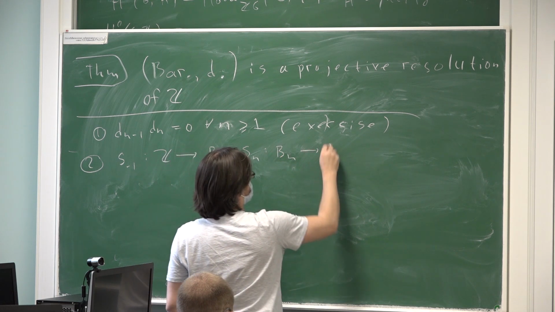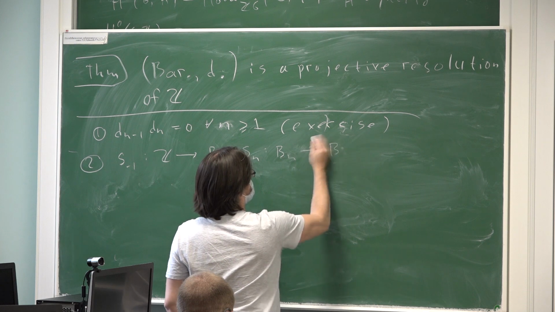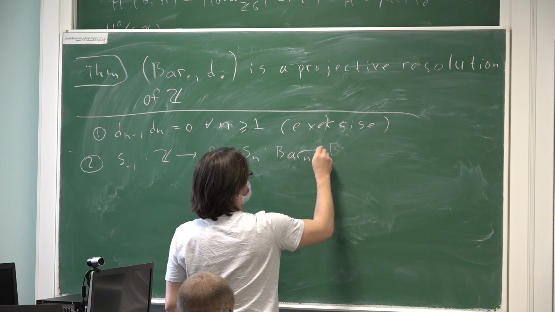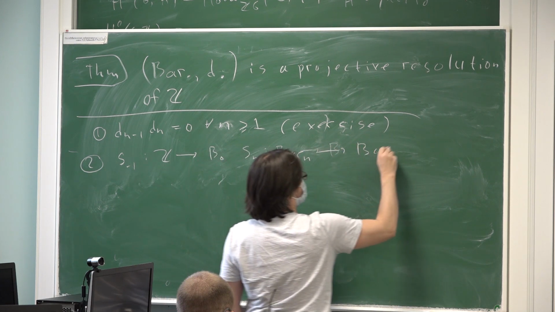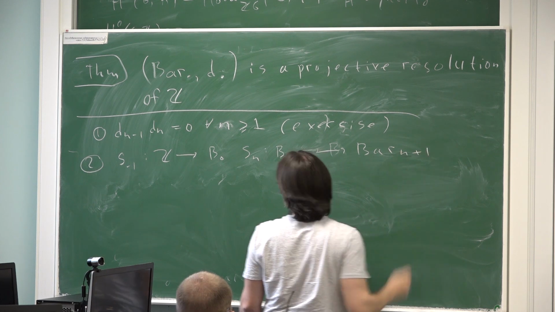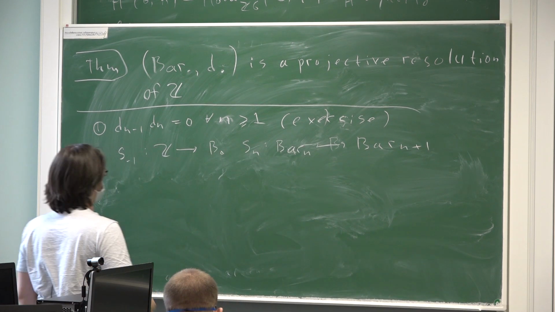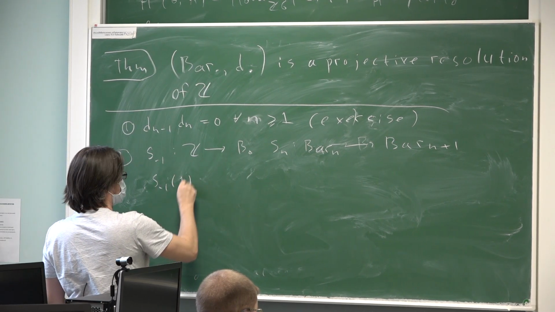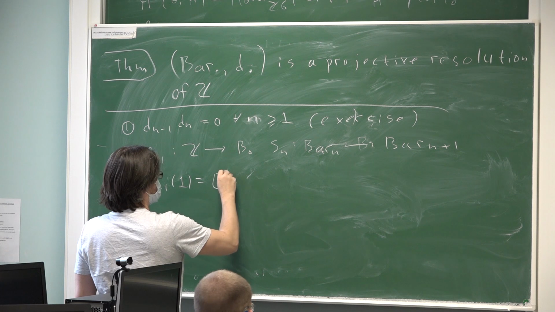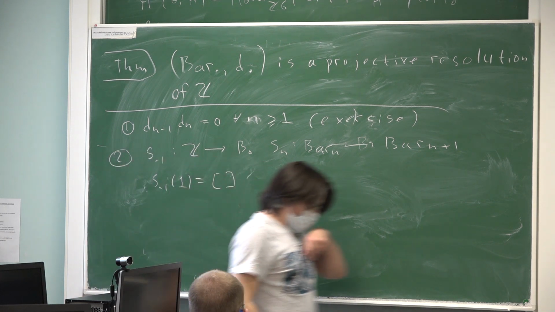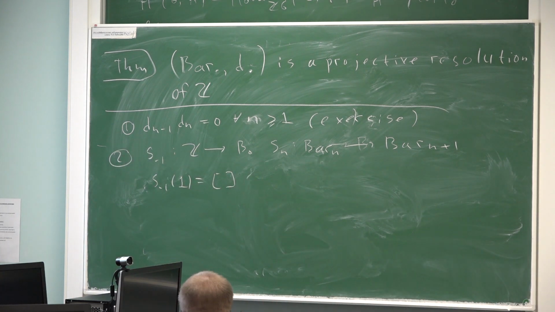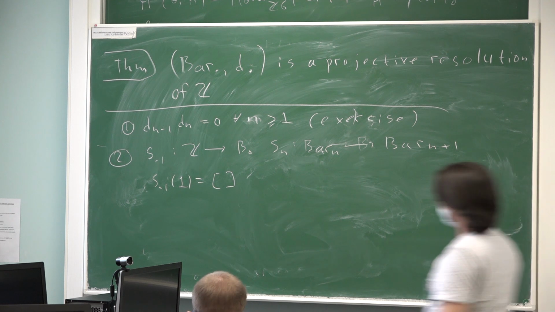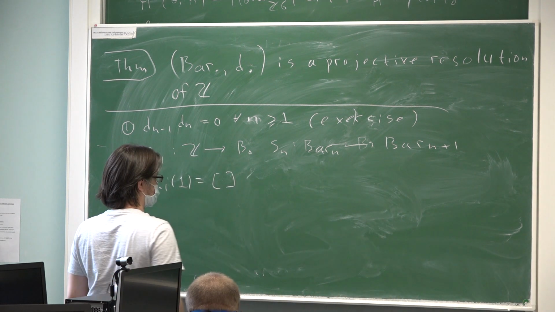and the maps s_n from B bar n to B bar n plus 1. So here s minus 1 of 1 is simply the generator of B bar 0, which we denote in this way.